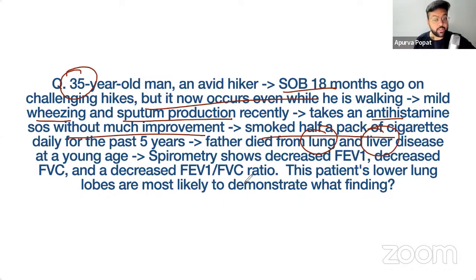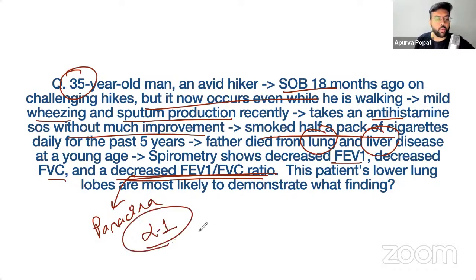There is a family history of lung and liver disease. Spirometry shows decreased FEV1, decreased FVC, and decreased FEV1/FVC ratio. What's your diagnosis? Pan-acinar emphysema. What's the cause? Alpha-1 antitrypsin deficiency. Mode of inheritance? Codominant.